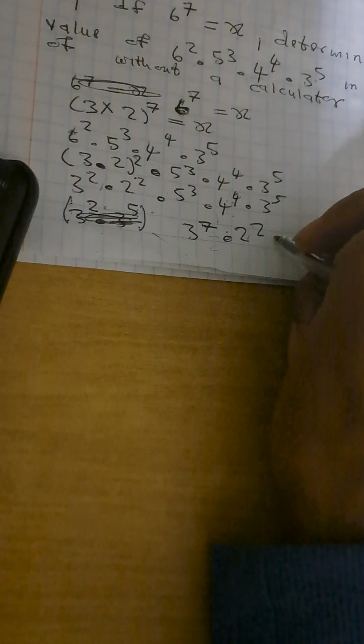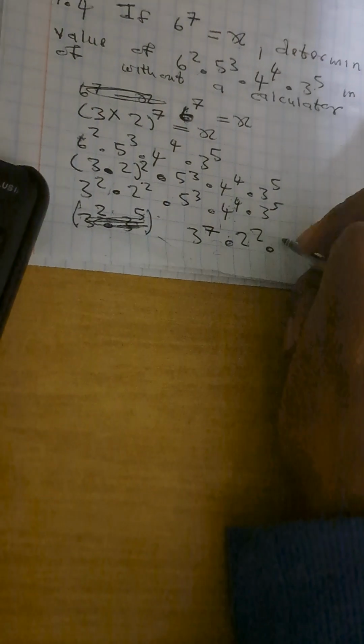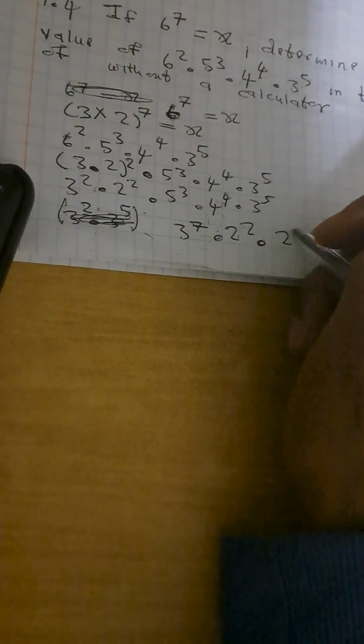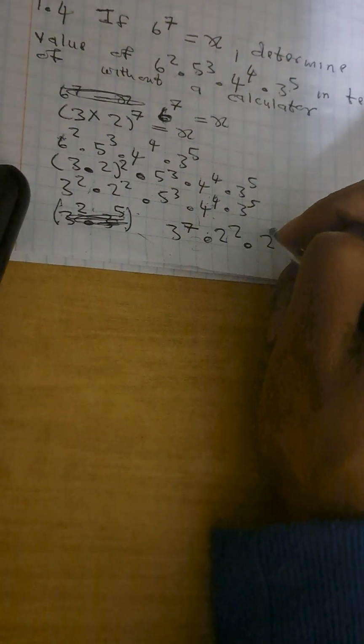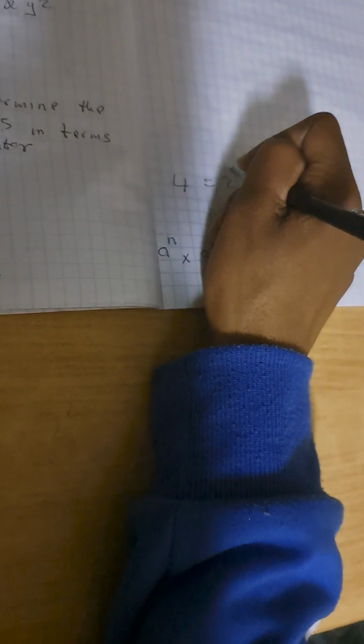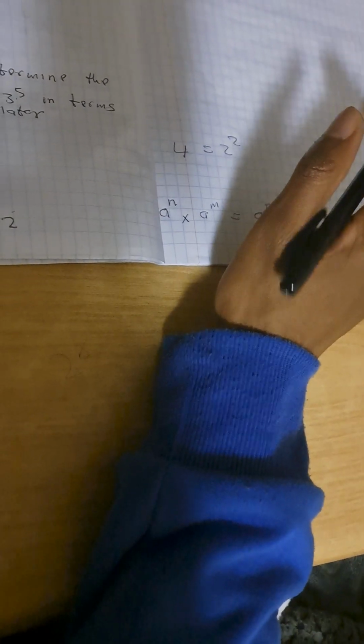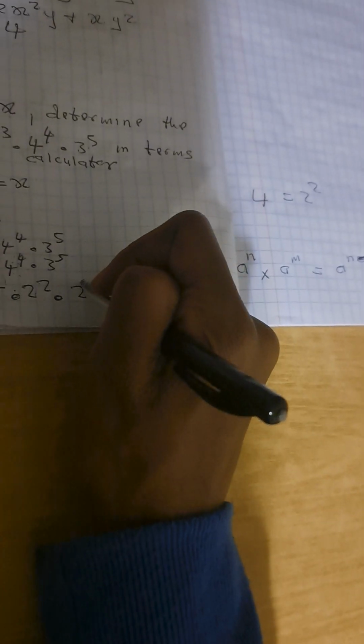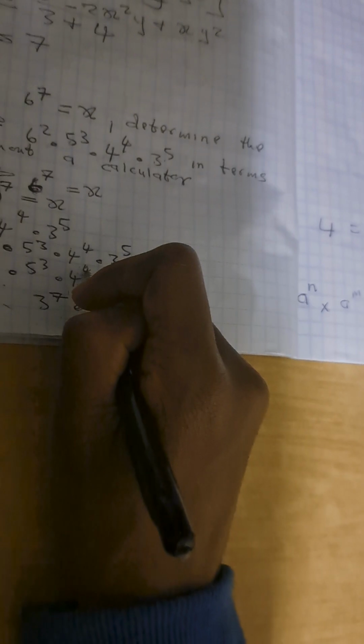We break it down. 4 is 2 to the power 2, right? So 2 to the power 2 times 4, that's 8. So we have 2 to the power 8.